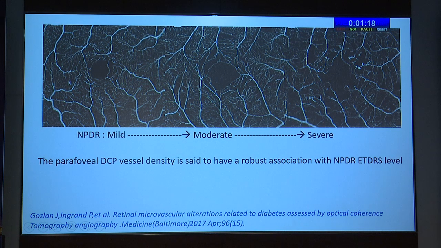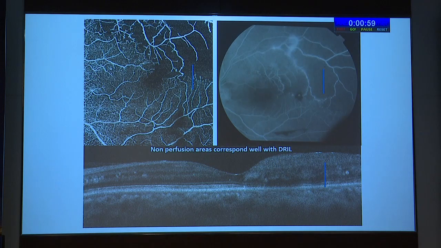And again, here you see that there's an enlargement of the FAZ. So this is a mild NPDR. You have a moderate NPDR where the FAZ has enlarged, the vessel density has reduced. And this is the severe NPDR where again the FAZ size has become very large, and the vessel density surrounding it has gone down drastically.